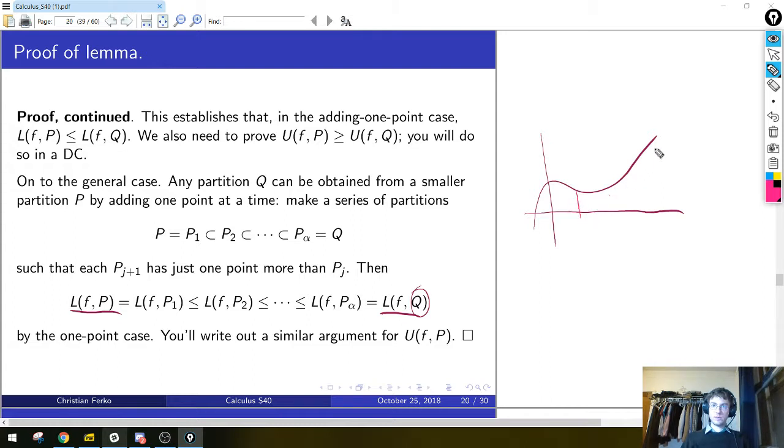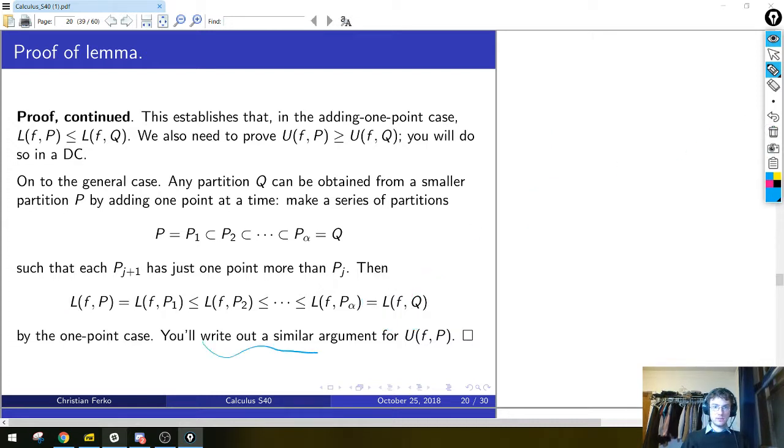Because we think that the coarse partition means huge jump between adjacent points, t sub 0, t sub 1. This is going to have a very small lower sum, because you see that this height is very small. But if I make this partition finer by adding in more rectangles, we expect that this lower sum is going to get bigger, because it gets closer to the true area. So just to summarize, the finer partition is going to be bigger in general.